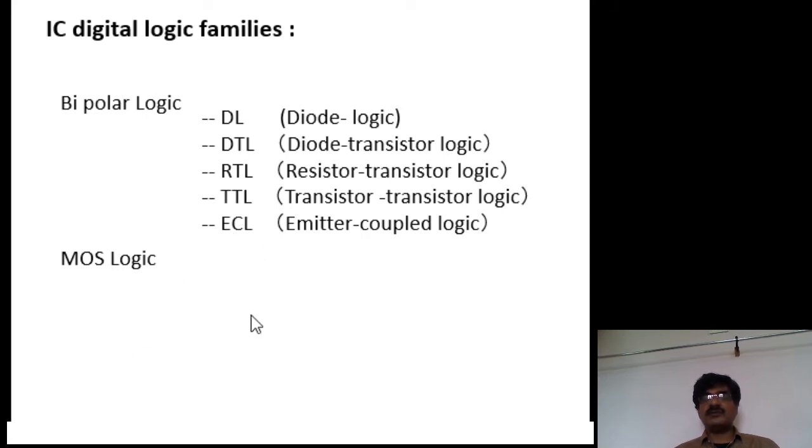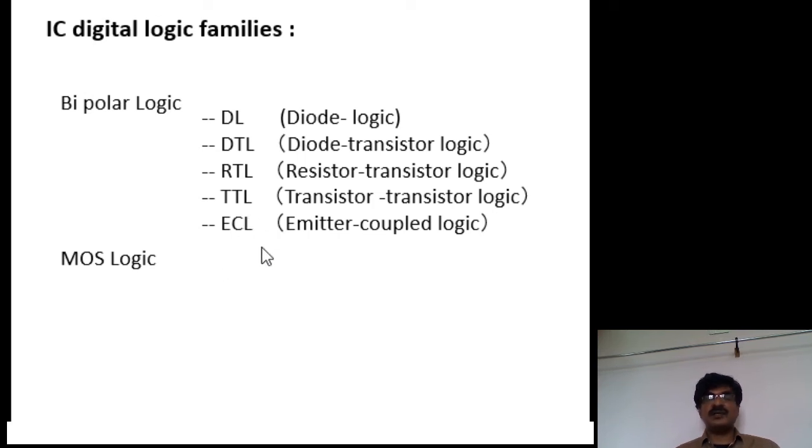Before going to the subclassification of MOS logic, remember a very important point: out of all bipolar logic families, the very popular family is TTL. Why? You can see that in further classes. And the fastest logic family, out of all bipolar and MOS logic families, is ECL, emitter coupled logic.